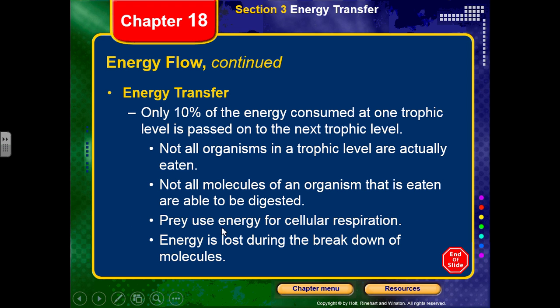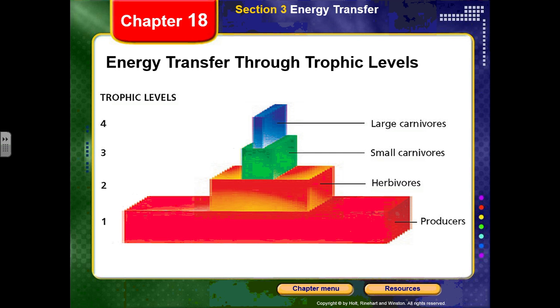Okay. Prey also use energy for cellular respiration, so the energy that they consume is obviously not passed on. And of course, the last one, energy is lost during the breakdown of molecules. So as the predator eats the deer or whatnot, in order to break down those molecules as they come into its body, it has to use energy. So some energy is lost in the breakdown of those molecules and the energy release, and that's basically heat.